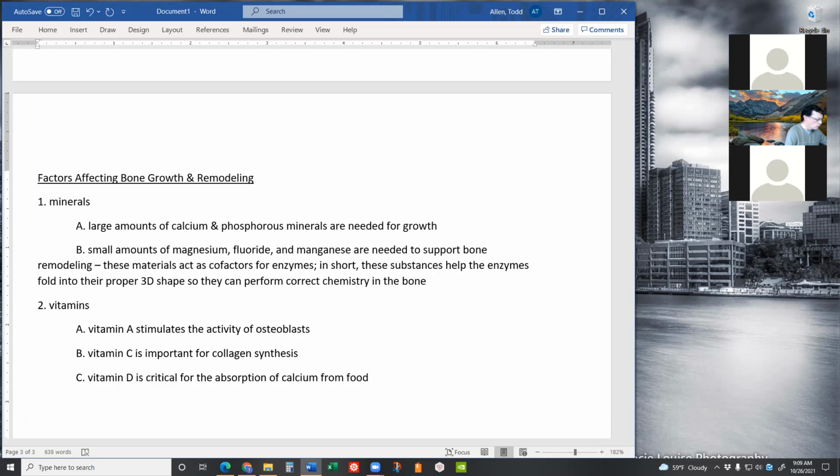One thing that I did not make a big deal of, but if you're back on figure 6.6, calcium itself as a substance is needed to actually build and form your bones. If you look at figure 6.6, take a look at stage 2 and look at the drawing there.